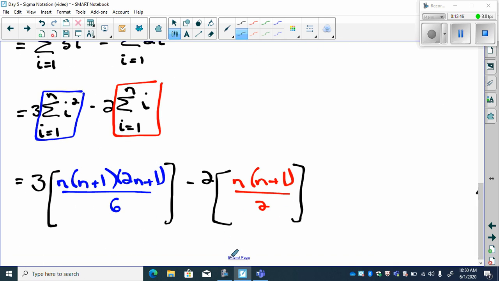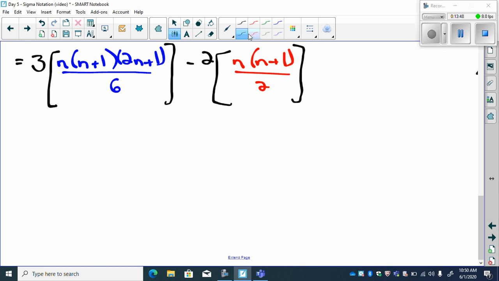So now we'll clean this up. 3/6 would reduce to 1/2. I can do the same here, but I'm not going to bother because now you can see they both have a denominator of 2, which will make it easier to simplify. So in this case, I have n times n plus 1 times 2n plus 1 over 2.